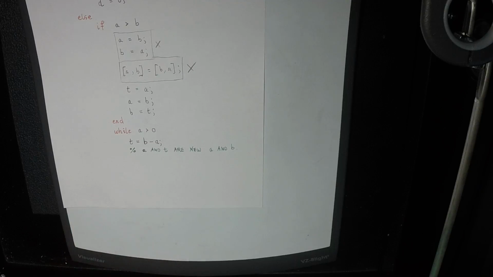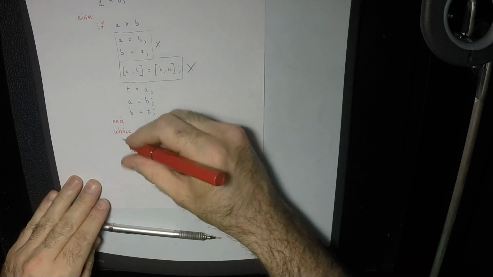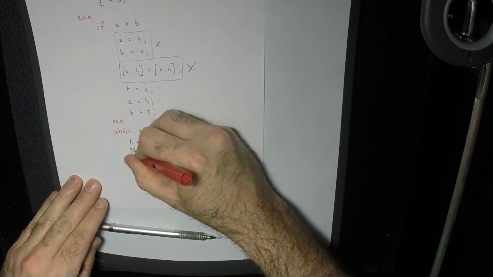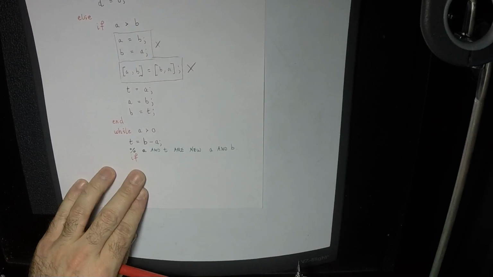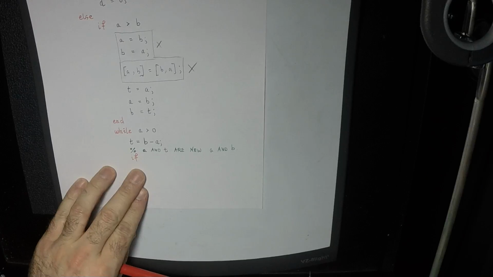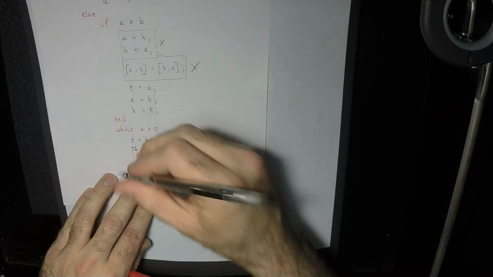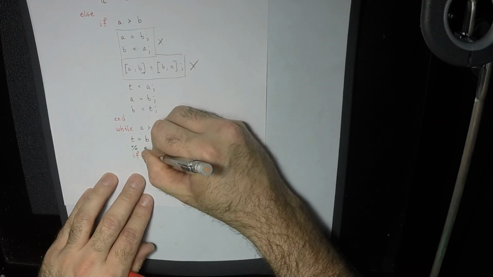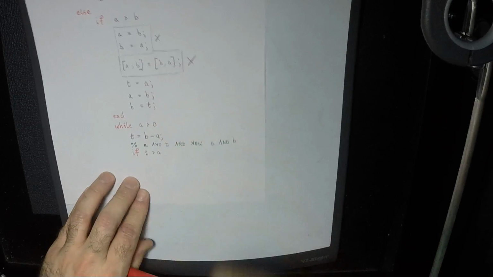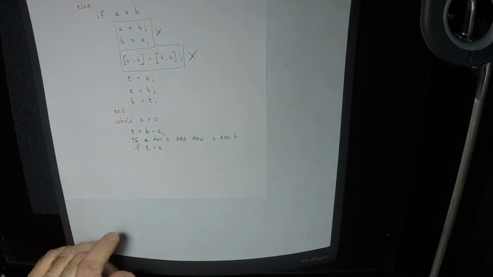So how do we check? So we need to do an if. If what? If T is greater than A. Okay. If T is greater than A, then what's the new value of A? A is still A, right?